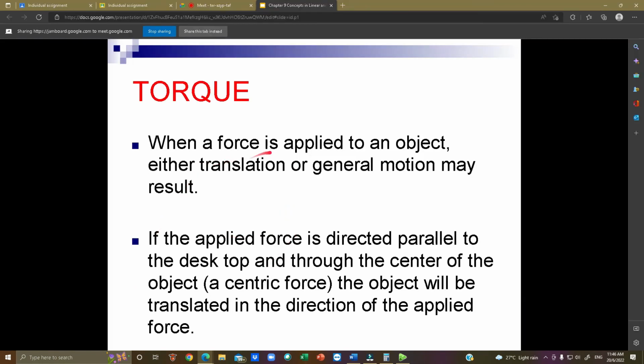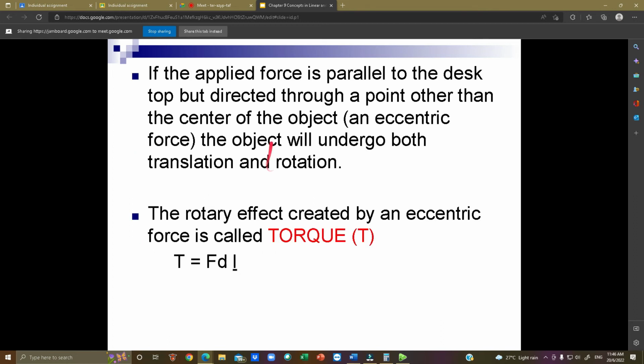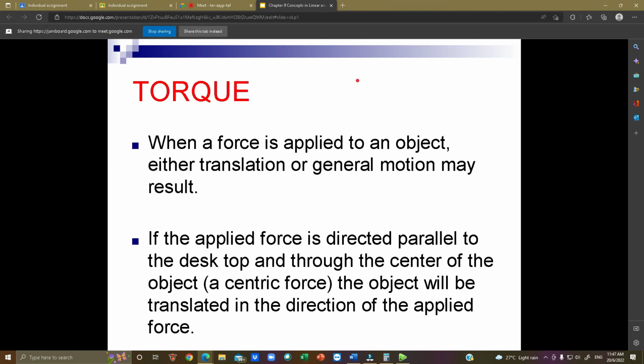Okay, so when a force is applied to an object, either translation or general motion may result. If the applied force is directed parallel to the desktop and through the center of the object, it will be translated tegak. Tapi kalau the applied force is parallel to the desktop but directed through a point other than the center of the object. Okay, dia ada dua tu kan.